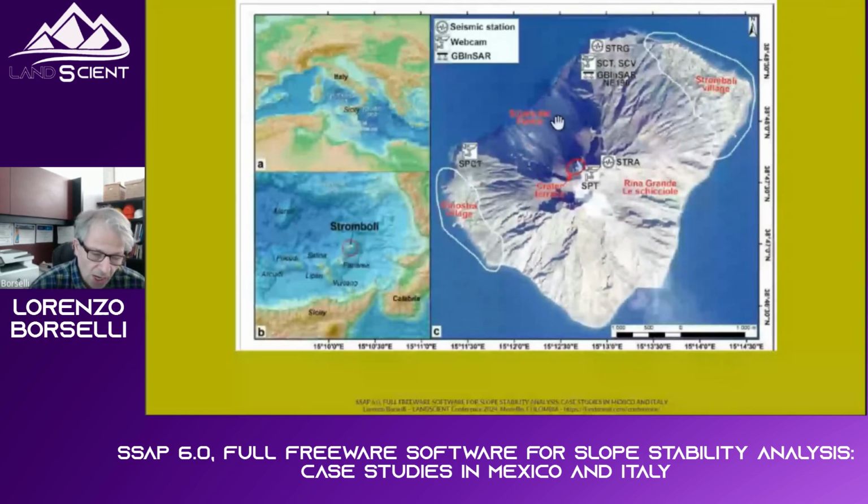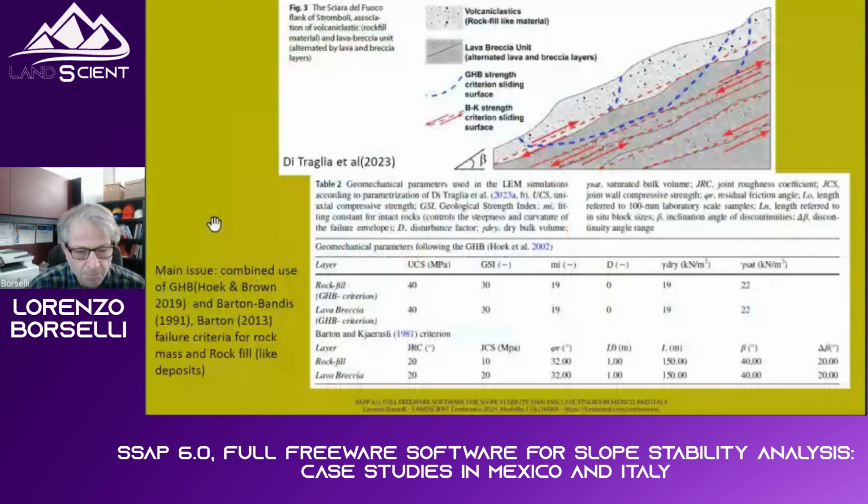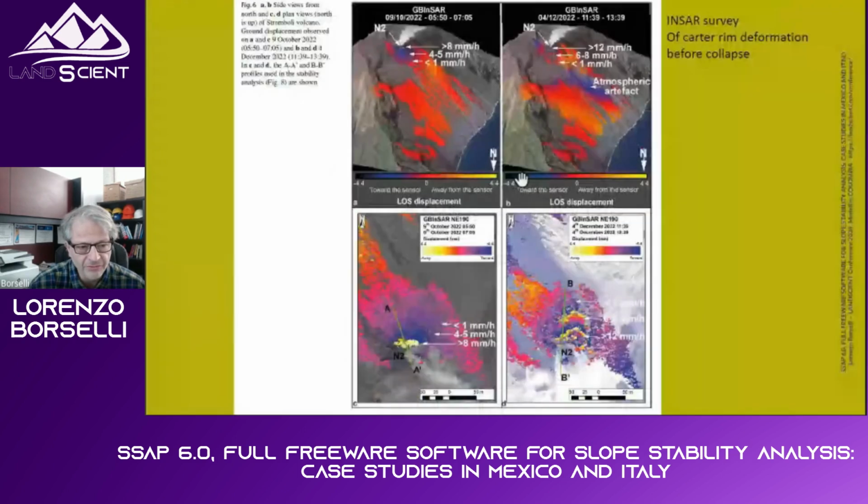We use once again the same approach with the parameters and combined use of multiple sliding failure criteria, but in this case, on two different dates, we evaluate the deformation rate made by GB-InSAR in the crater rim, and the details.